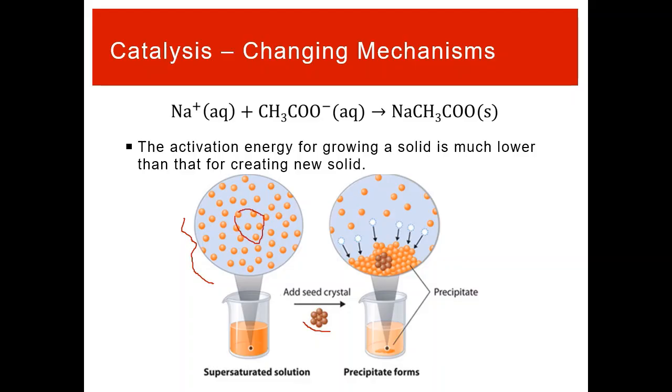Instead of ions collecting together to form a crystal, you're growing a crystal off of this seed. You're changing the mechanism from forming a new crystal to growing an existing crystal, which has a lower barrier and therefore happens much, much faster. And you will then get what is supposed to happen, namely all of the sodium acetate leaving solution and forming a solid.